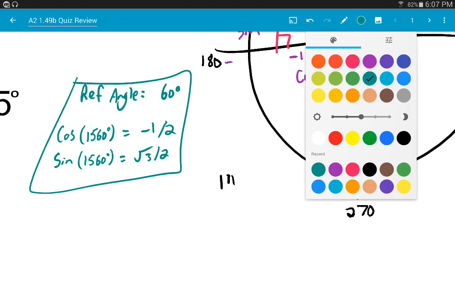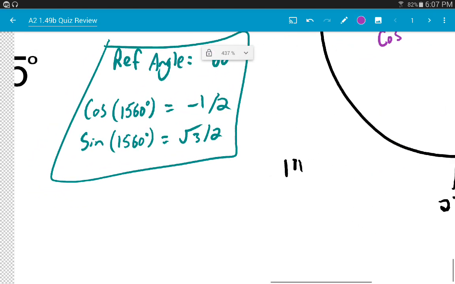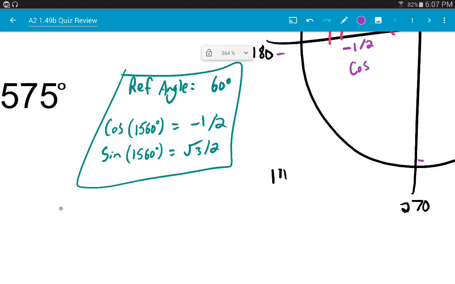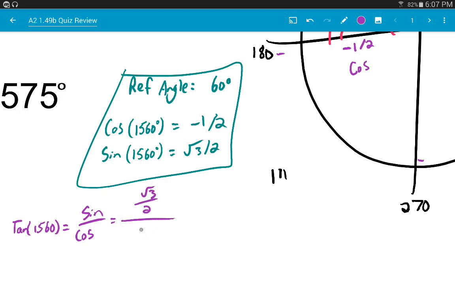Now I'm going to add here, just so I don't have to do it in the next section, what tangent is, because it's the only thing added in the next section. Tangent of 1560 is sine over cosine. Sine is radical 3 over 2. We just found that. So sine over cosine, which is negative 1/2.